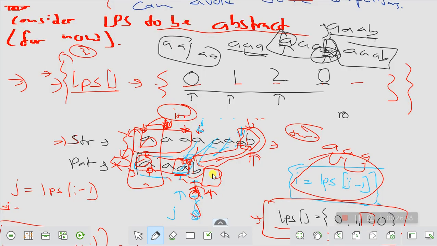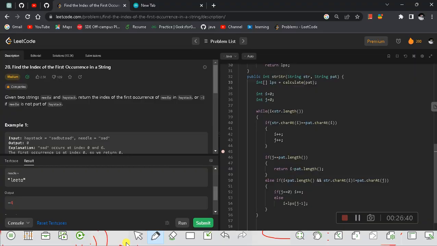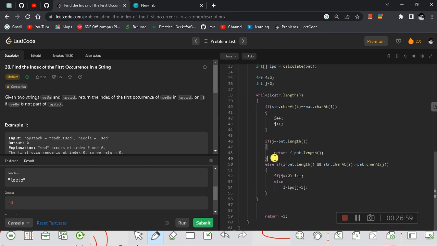Okay, let me see here. What I have is i equal to 0, j equal to 0. If my i is smaller than string dot length and the characters at i and j are equal, then I'm going to increase my i and j. And if my j reaches the length of the pattern, then I'm going to return i minus pattern length.